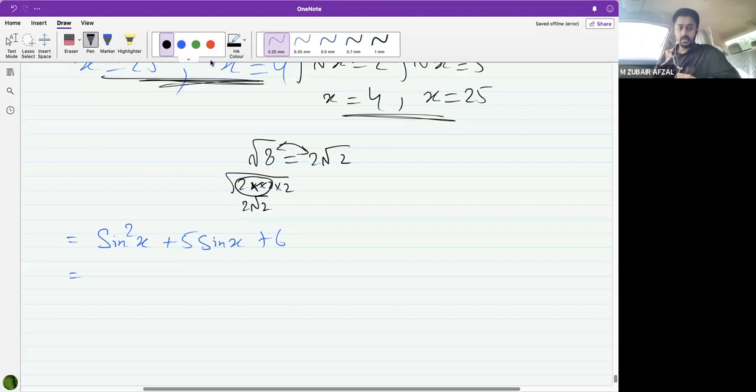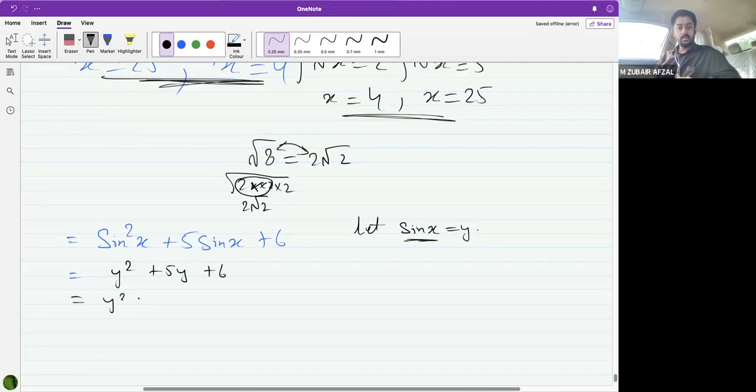It is my choice if I choose to write it like this, or I may say let sine x is equal to y. This is just to make writing easy. So I may write y square plus 5y plus 6, because I said sine x is equal to y.